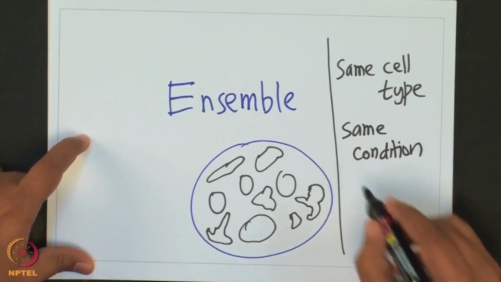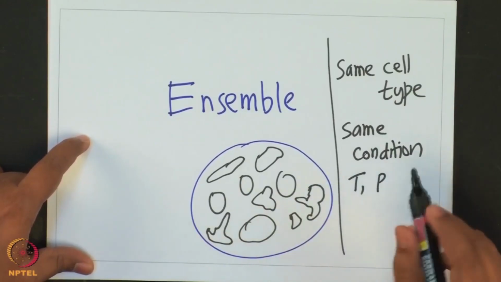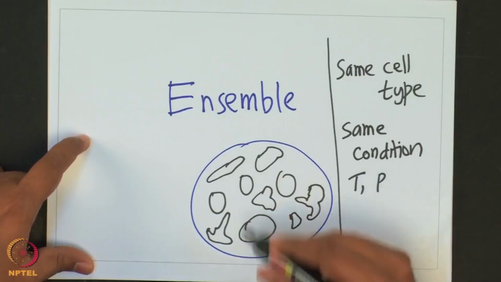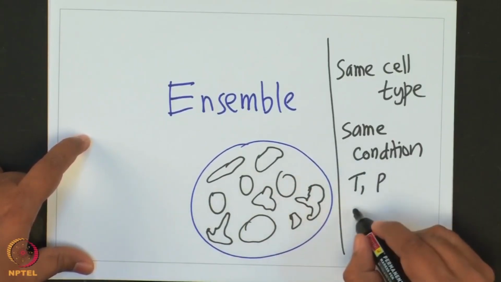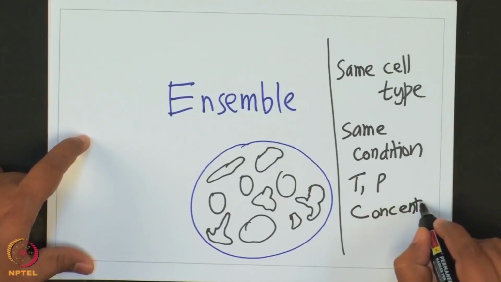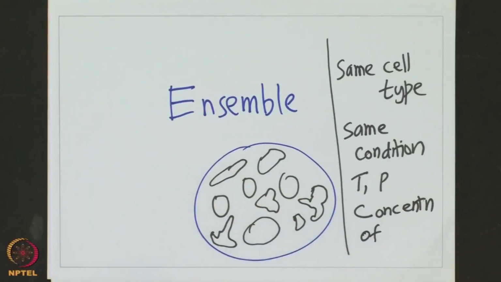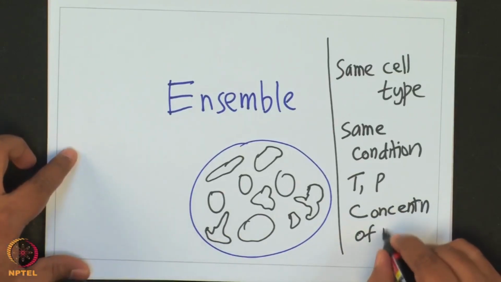Things like temperature and pressure are all fixed, and the number of cells is given here, and the concentration of nutrients and chemicals is essentially the same for all the cells.